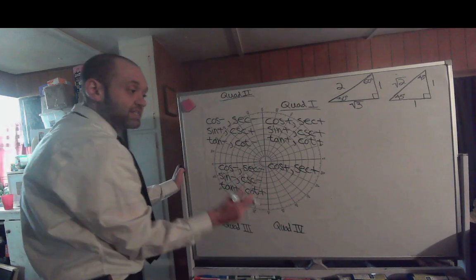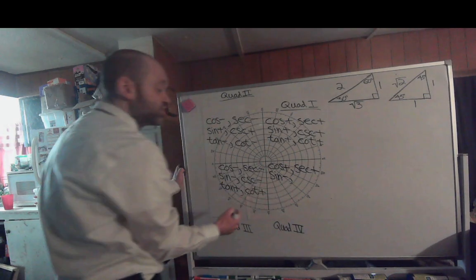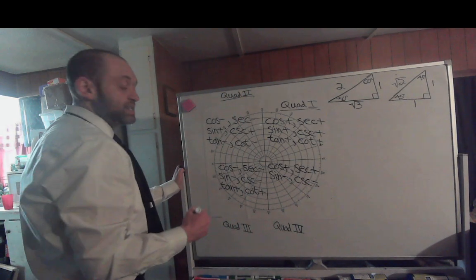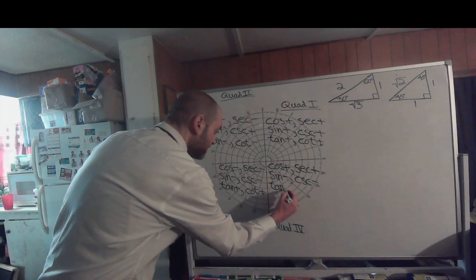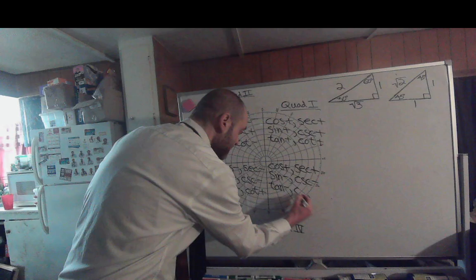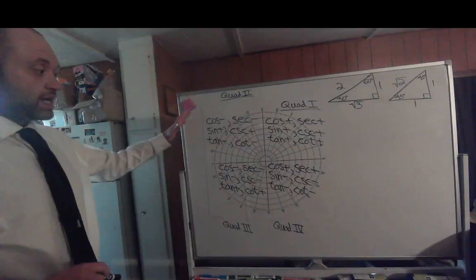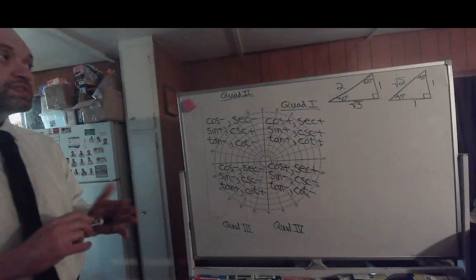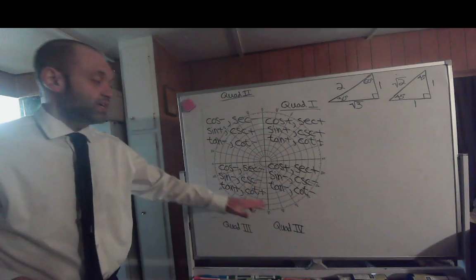But your sine's negative because your y is negative, which means your cosecant will also be negative. And then tangent is sine over cosine, so that means your tangent's going to be negative, and by extension your cotangent would also be negative. So I don't know if you want to copy these down or not, but these are the special relationships with the 6 trig functions in each quadrant.